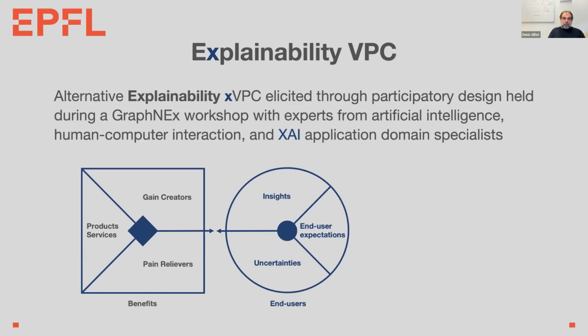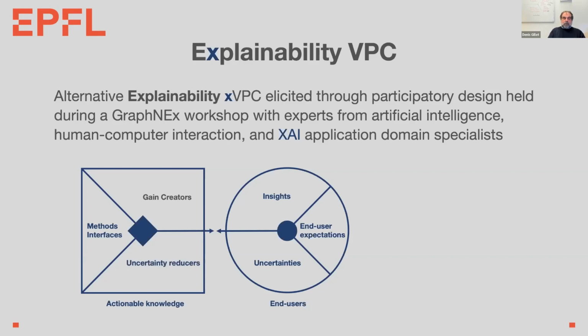In terms of the products and services, the benefits which are expected are what we call actionable knowledge. And instead of building products and services, in fact, as I mentioned at the beginning, we have to design methods and interfaces to provide proper explanations.